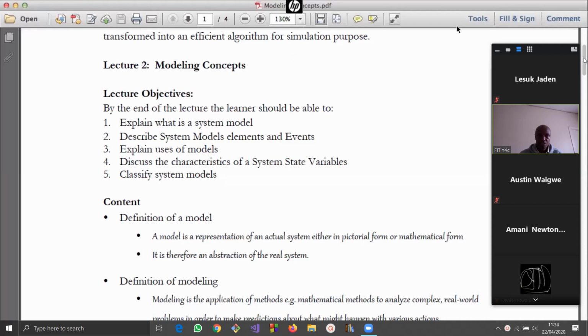So the first thing we want to look at is what is a system model. And before we look at a system model, we just want to say, what's a model? Most of us will want to ask ourselves, have I ever used a model? Because that's the most critical thing, so that you can relate what you know to what you don't know. I want to take you a bit far.